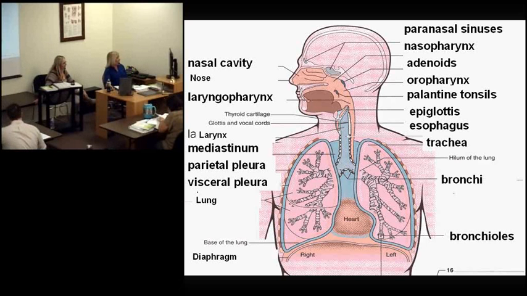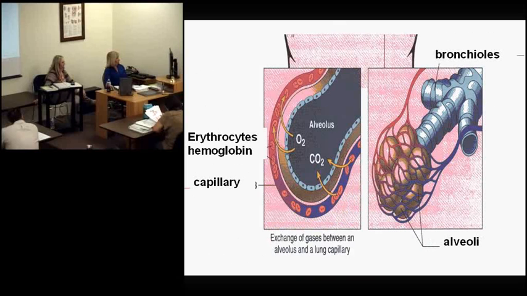All right. Then we have the bronchi. You can see it comes off of the trachea, and you have the bronchi here, and they get smaller and smaller, which are your bronchioles. And then those bronchioles end in, see the bronchioles here? This is a blown up picture of it. They end in the alveoli. And what do we have surrounding the alveoli?